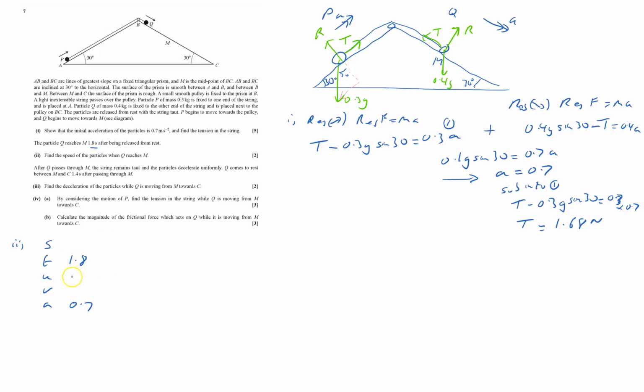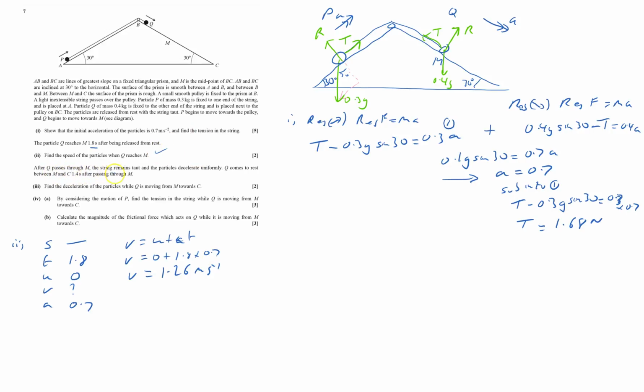The initial velocity is from rest, and so I can work out what the final velocity is. I don't care about s. So I've got v equals u plus at. So v equals 0 plus 1.8 times 0.7, and v equals 1.26 meters per second. So I've done that bit.